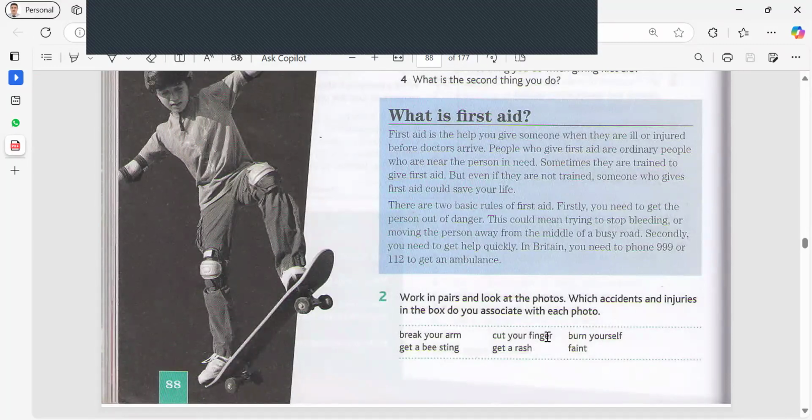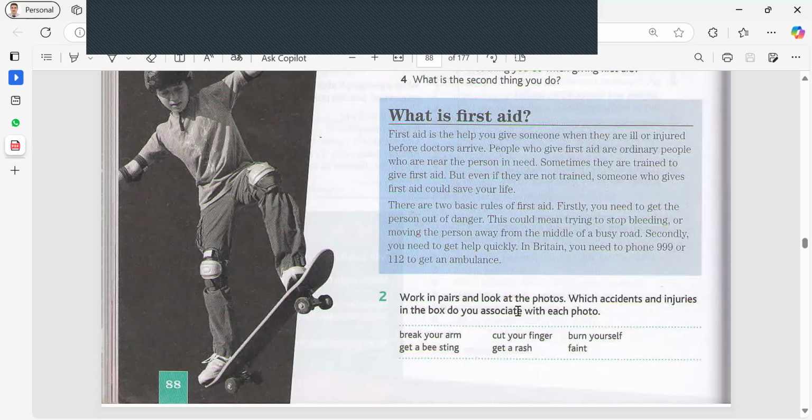Break your arm, cut your finger, burn yourself, get a bee sting, get a rash, faint. What does faint mean? Faint. Teacher, what does get a bee sting mean?